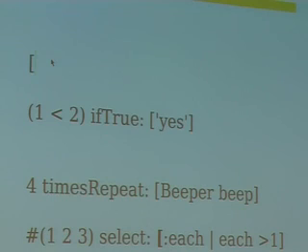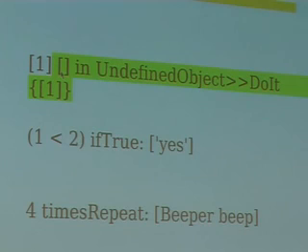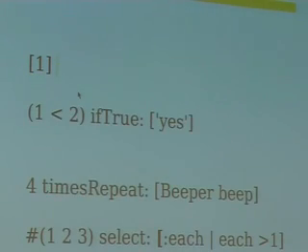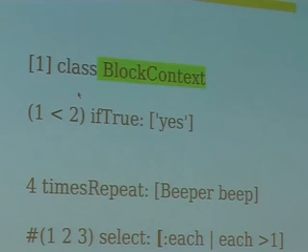So if I type some code like 1 and put it into brackets, then I get an object that stands for the code inside without evaluating it. So it's kind of like a function. If I print that, it will tell me that it is something strange, a block, and lots of information we don't need. So we can actually ask it for the class, and it says block context.